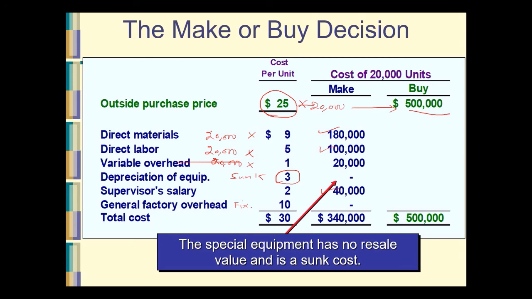So if we decide to buy from outsider, we have to pay 500,000 to outsiders, but we can save only 340,000.